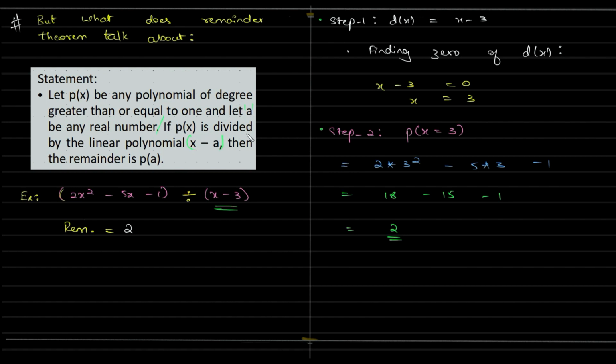If p of x is divided by a linear polynomial x minus a, then the remainder is given by p of a. So a is the same a over here and over here. In this particular example, a is 3.